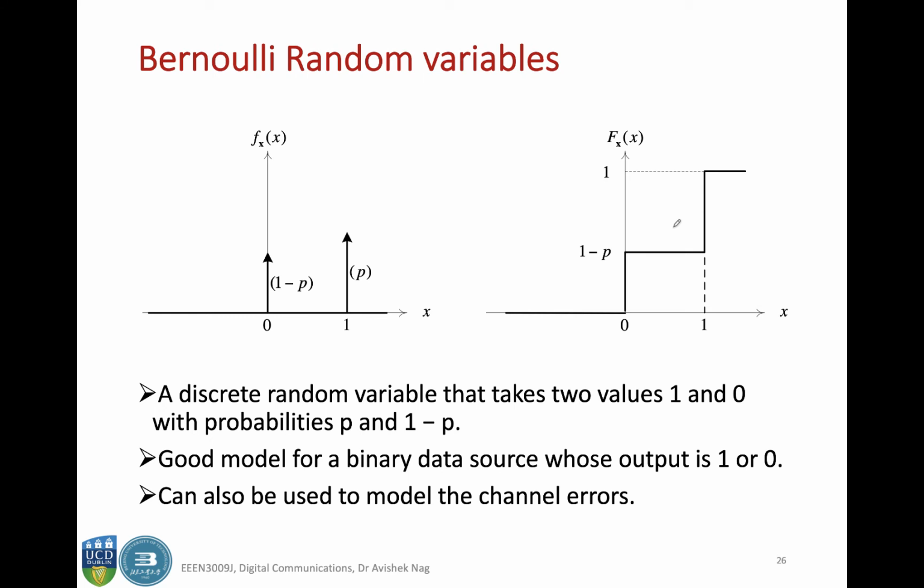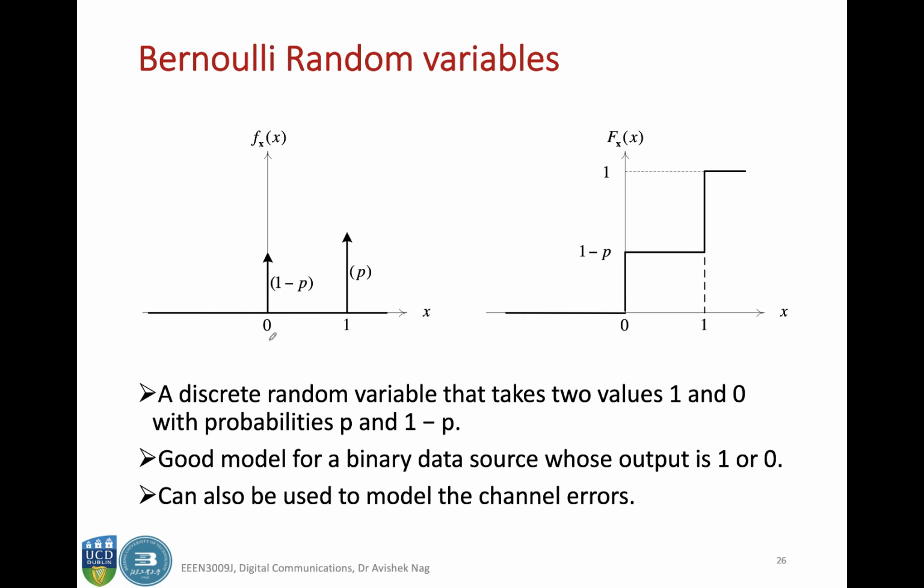So these are some examples of discrete random variables and their probability mass functions. This is called the Bernoulli random variable, which can take two values, 1 and 0, with probability p and 1 minus p. So you see this has two discrete values, so you can define the probability at those values.